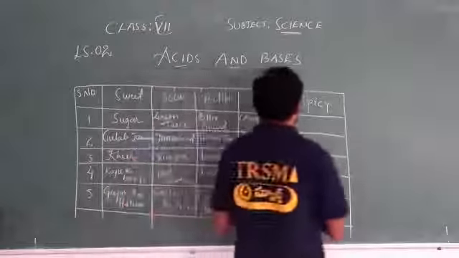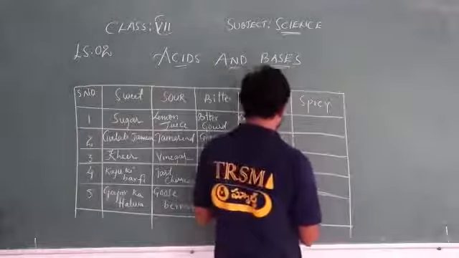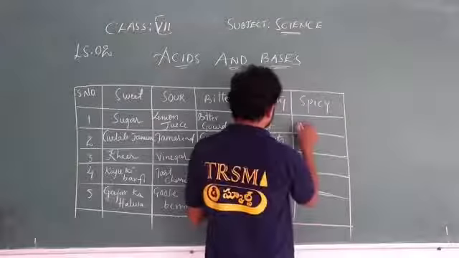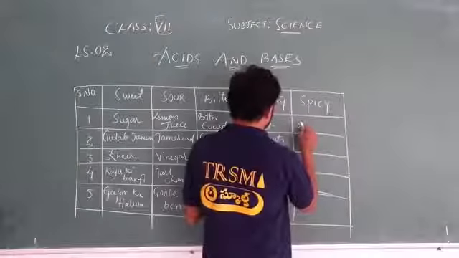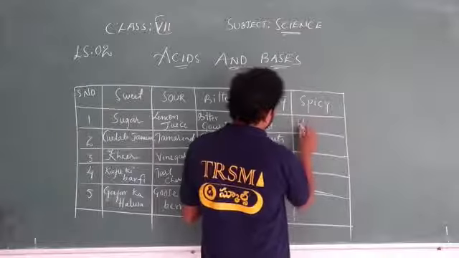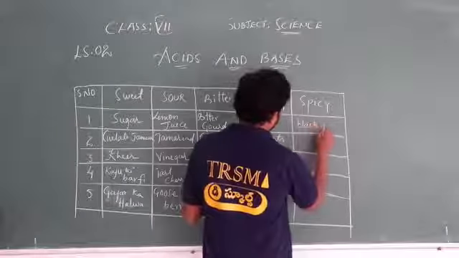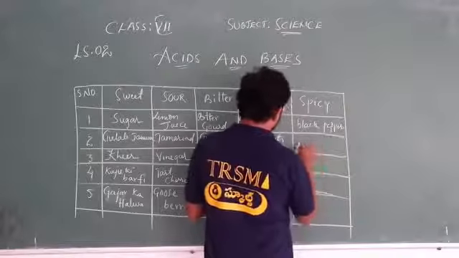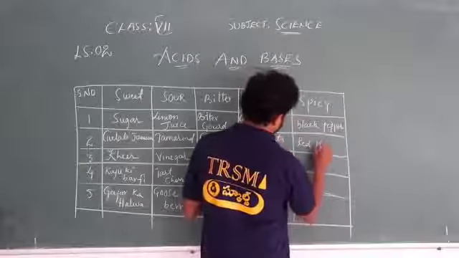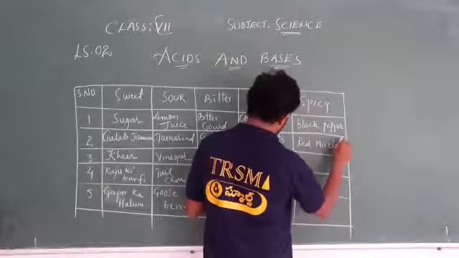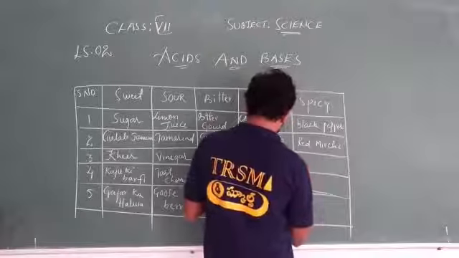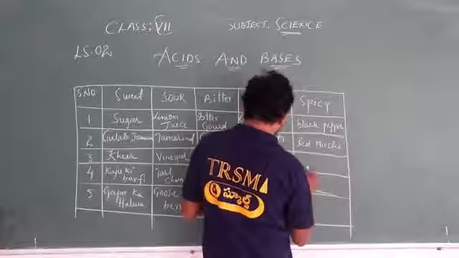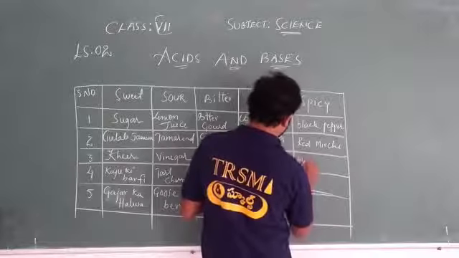And let's see what comes under spicy materials. One is black pepper. Next, red mirchi. Next, black cumin.